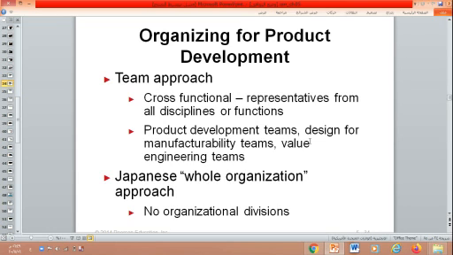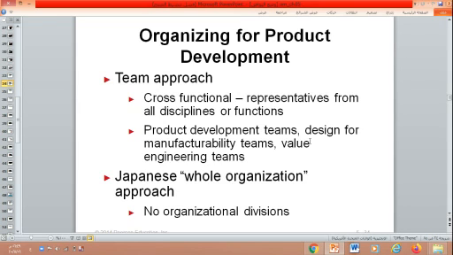Cross-functional representatives means that teams consist of persons from different departments. معناته هيكون في عندي different experience from different departments within the organizations، فبالتالي هيساعدوني في اللي هو the product development. So cross-functional representatives from all disciplines or all functions within the organizations.